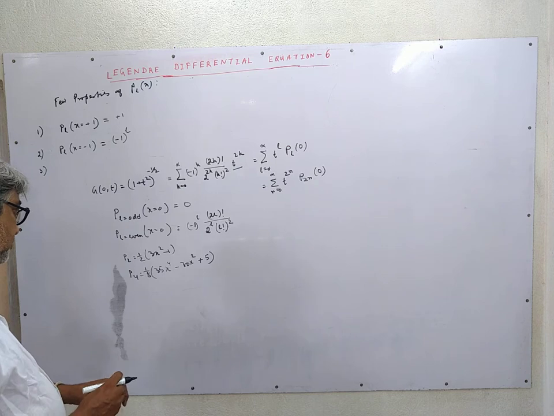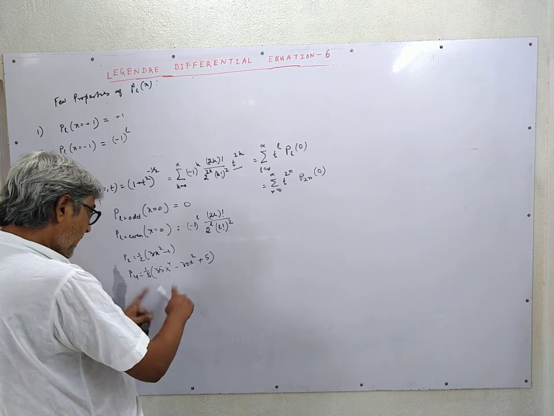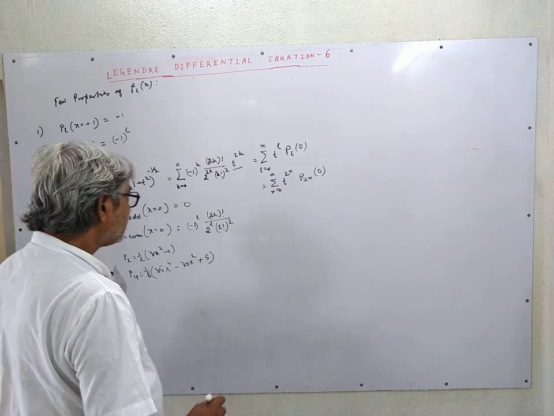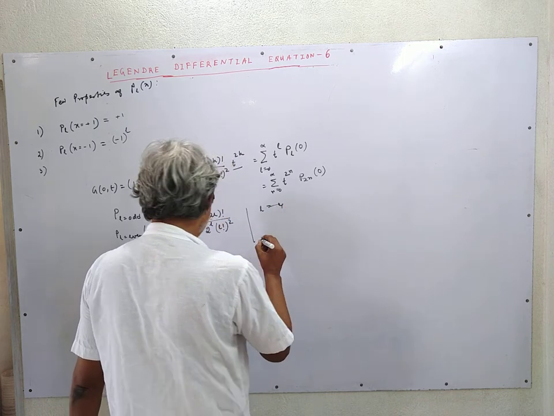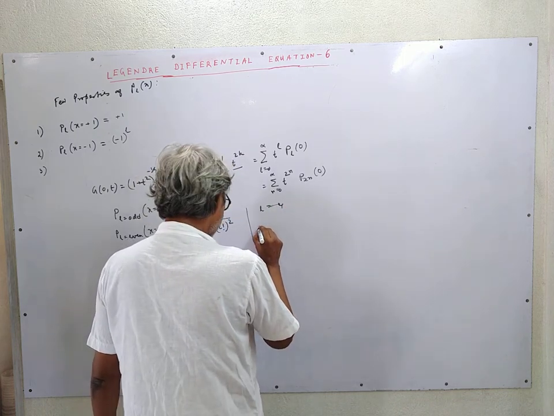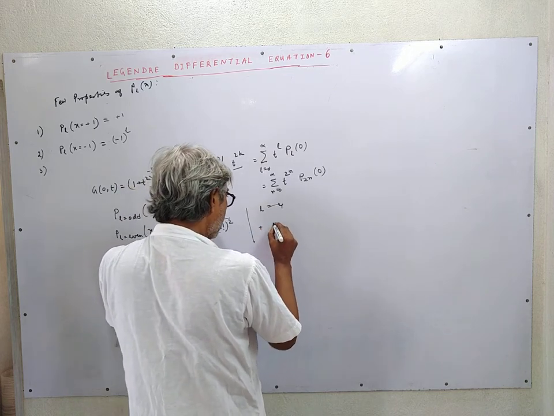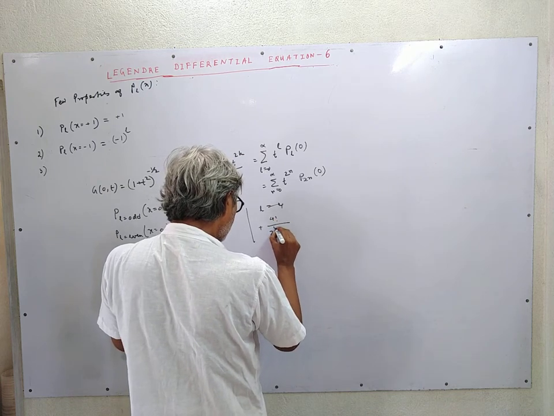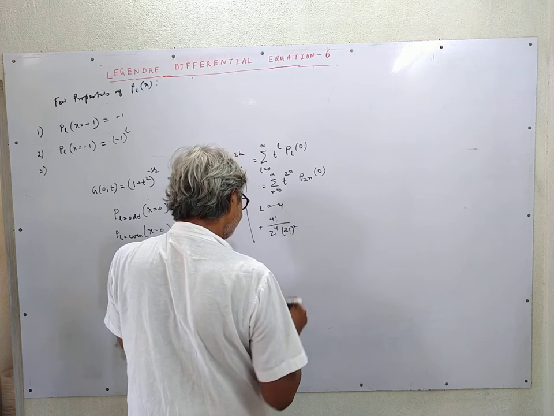So at x equal to 1, this is 1, and at x equal to 0, it is 5 by 8. Now put L equal to 4, we have this factor is plus 4 factorial by 2 to the power 4 into 2 factorial square.